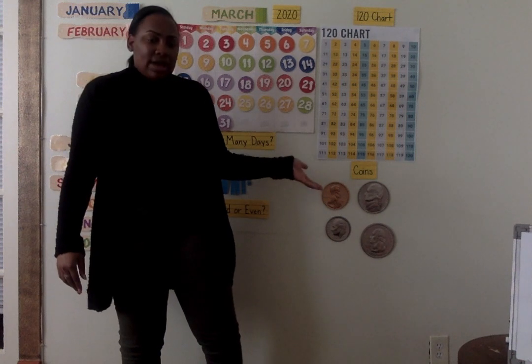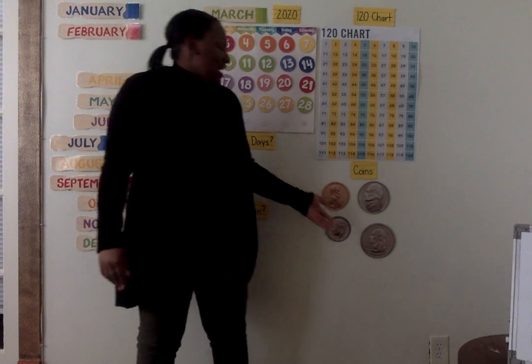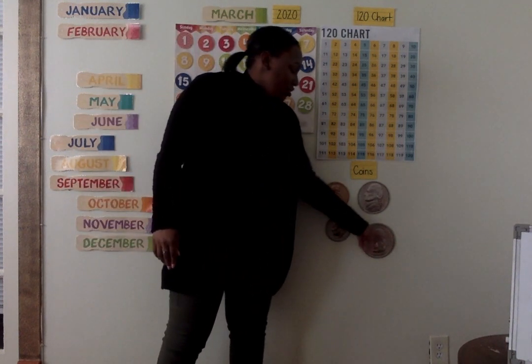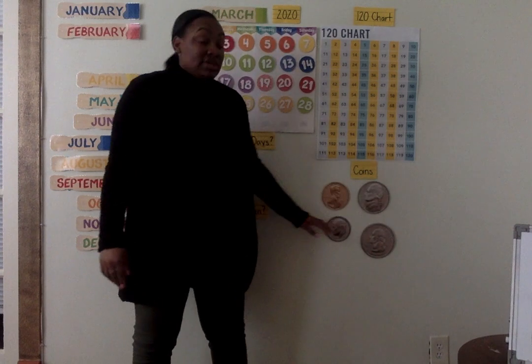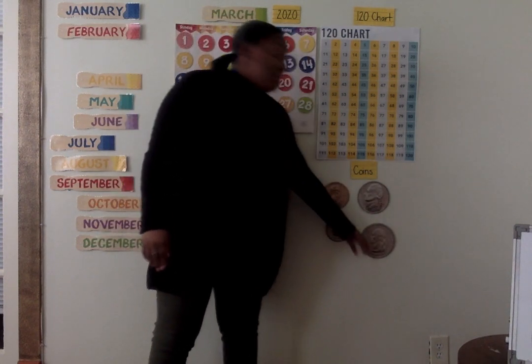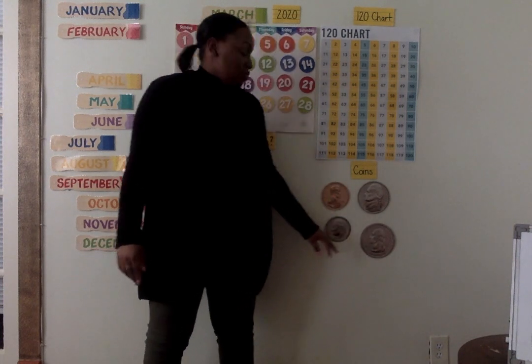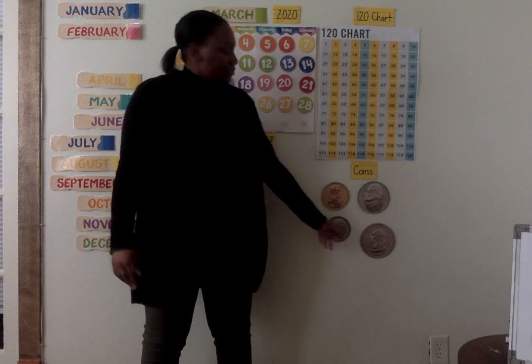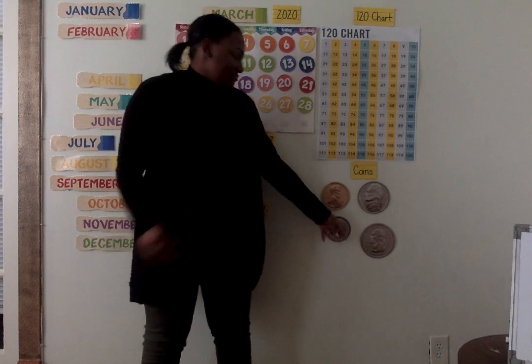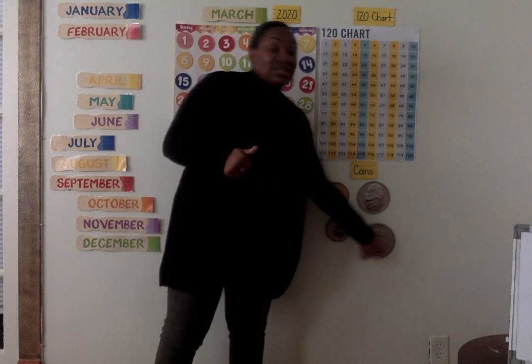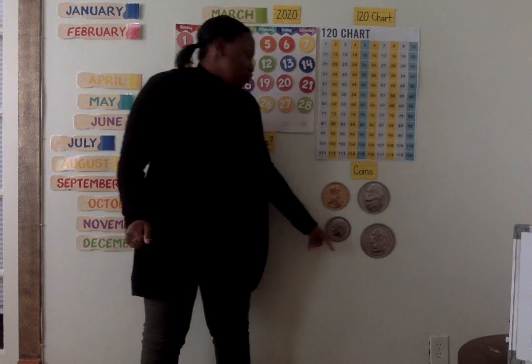I see it's a quarter because it has a curl. Of the coins up here, it is the biggest coin. How else do you know that's a quarter? What does it say? It says quarter. 2 more coins.